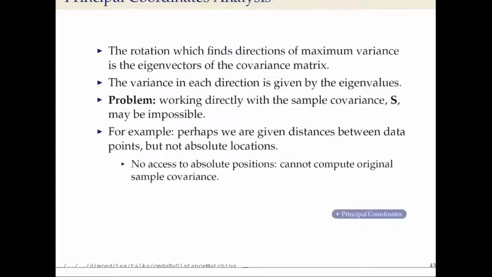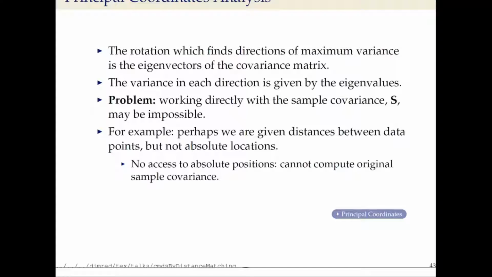So people looked at this in statistics. What you would normally do for PCA is take the sample covariance and do the eigendecomposition of that sample covariance in order to get the rotation and the scaling, and then you map your data doing that. But sometimes working with that sample covariance is impossible. And this is where areas like classical scaling, classical multidimensional scaling, come in.